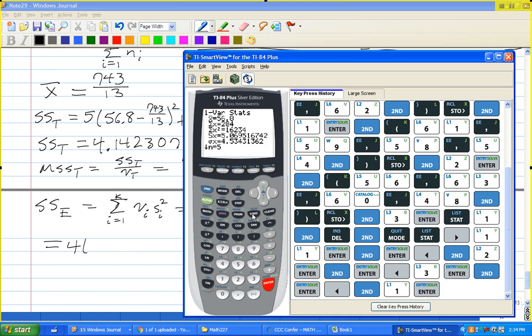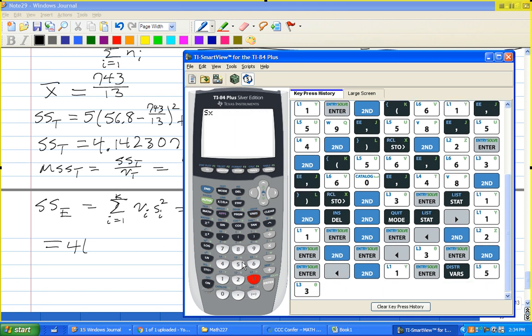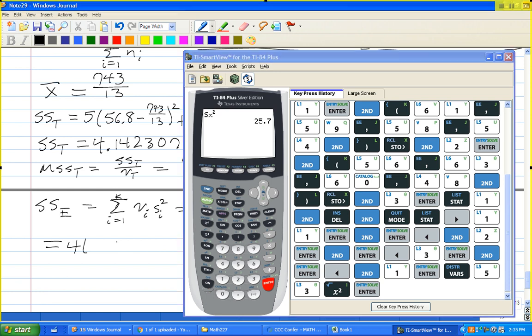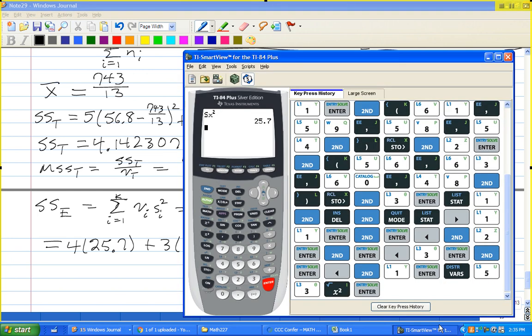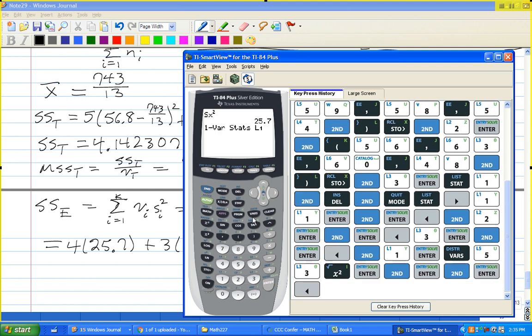So let's figure out what the variance is. 25.7. Next, degrees of freedom would be 3, since there are four people there. Let's do it for L2.